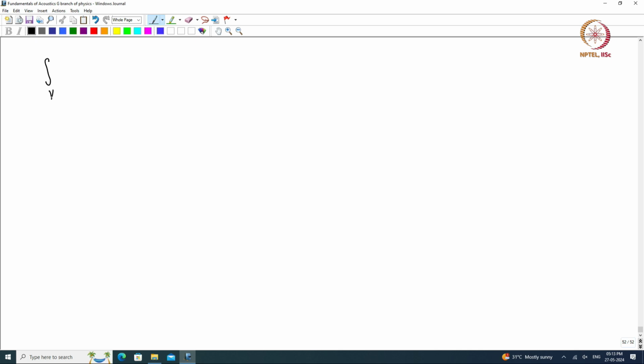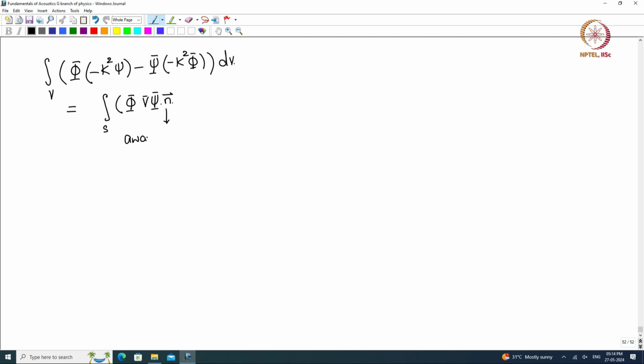I will just leave one integral: phi del square psi, which, if you remember, is minus k square psi, minus psi del square phi, which is minus k square phi, over the volume dV, is equal to the surface integral of phi del psi dot n, where this n points away from the region of interest.